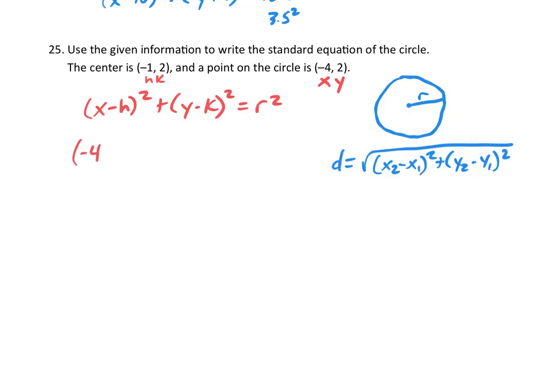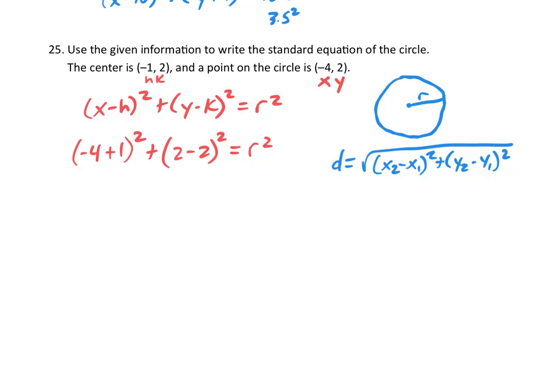Negative 4 minus negative 1, which is really negative 4 plus 1. 2 minus 2, squared, equals R squared. So we have one unknown. We have R. We don't know what R is. Now it's just a matter of doing some math.